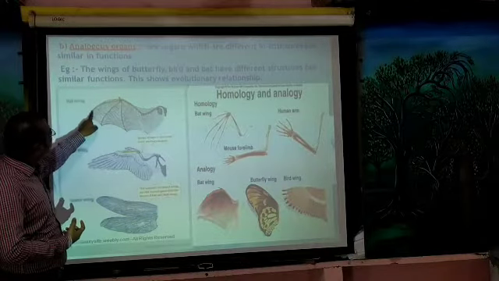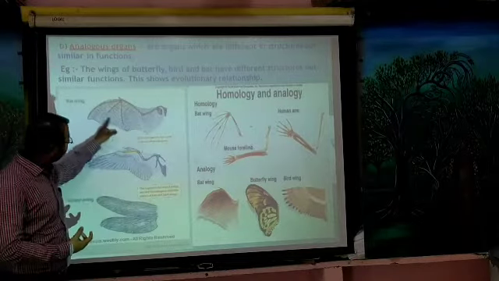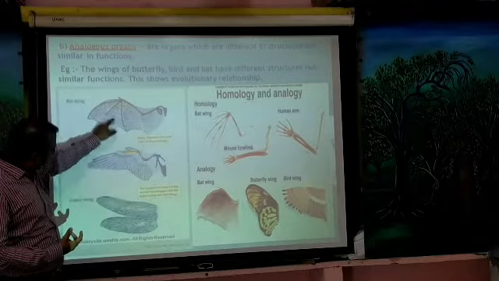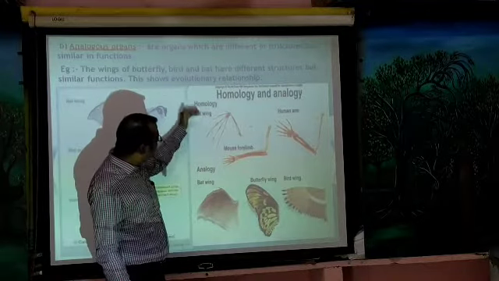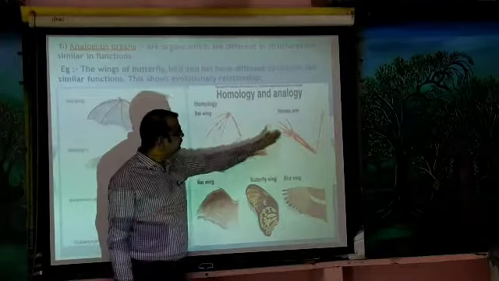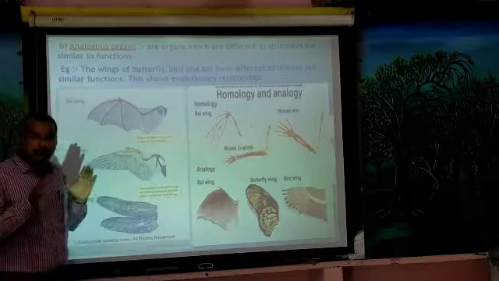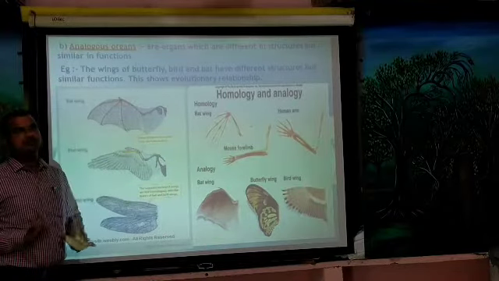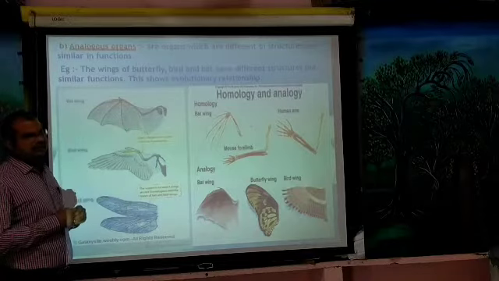You just see that the internal structures are totally different. Here, this is a bat, this is a mouse forelimb, and this is a human. The internal structure is totally different, but they perform a similar function. Such kinds of organs we call analogous organs.